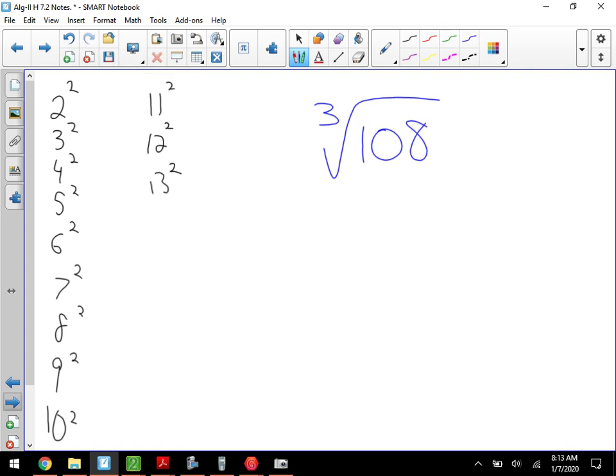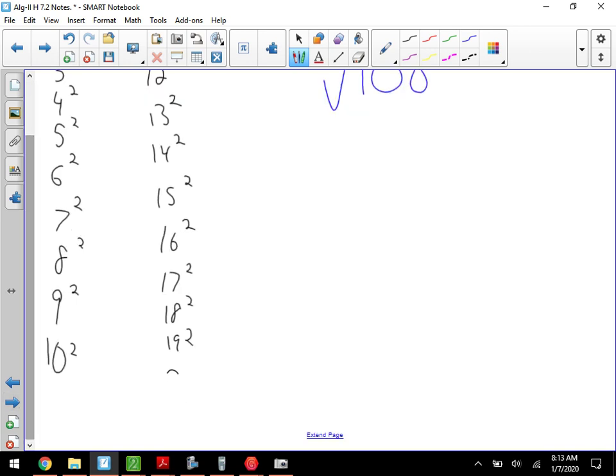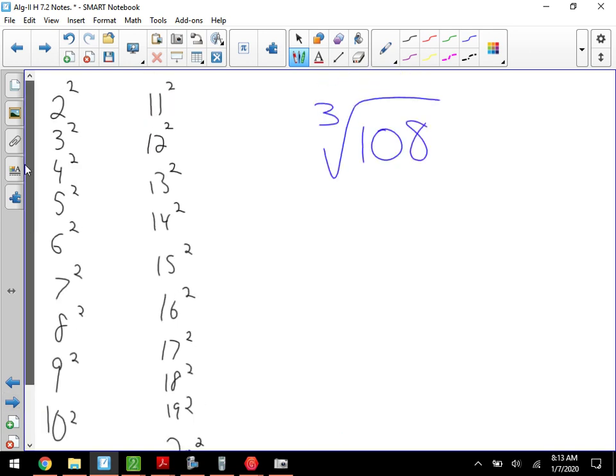Yeah, what's the square of 16? You guys should all know 1 through 20 in terms of your perfect squares. You really should know those.